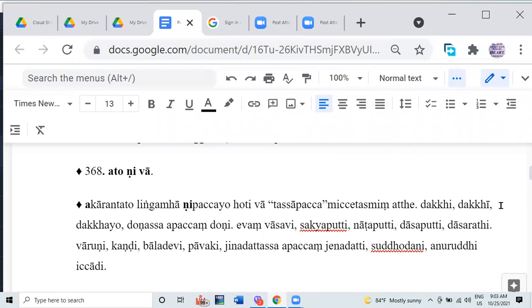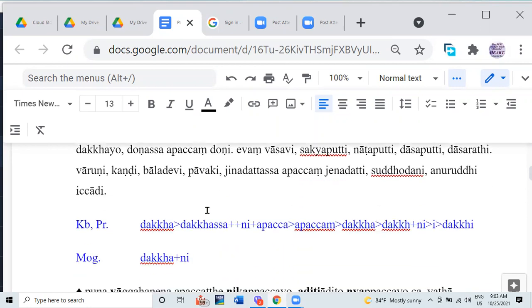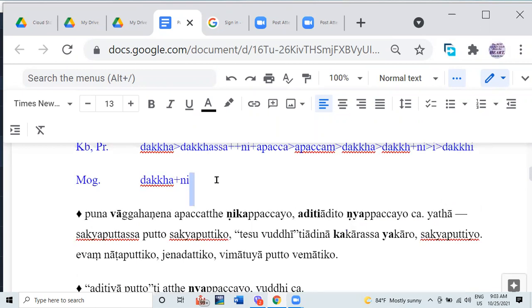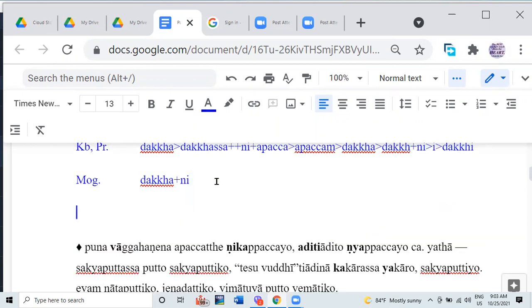If you want to form feminine, after Dakkhi you should add the ini suffix. I should show you which of the three feminine suffixes should be added after which noun, if you want to form feminine words.